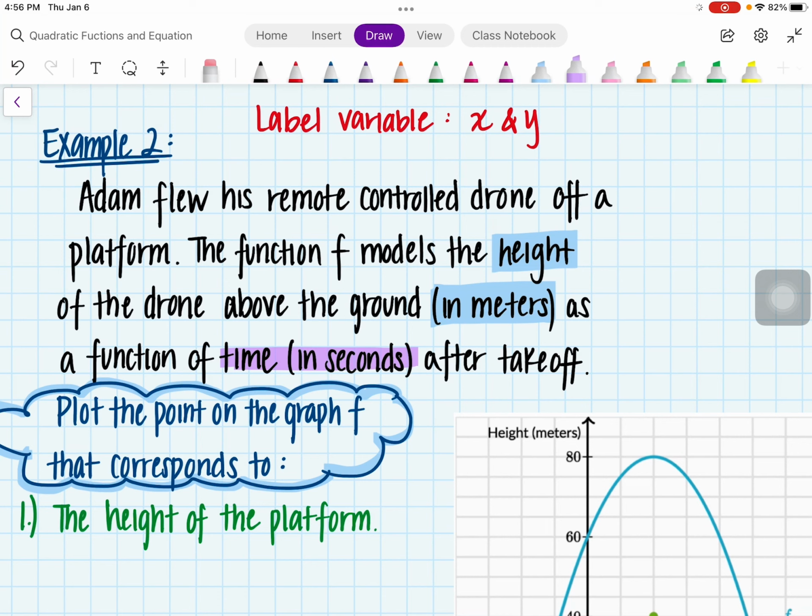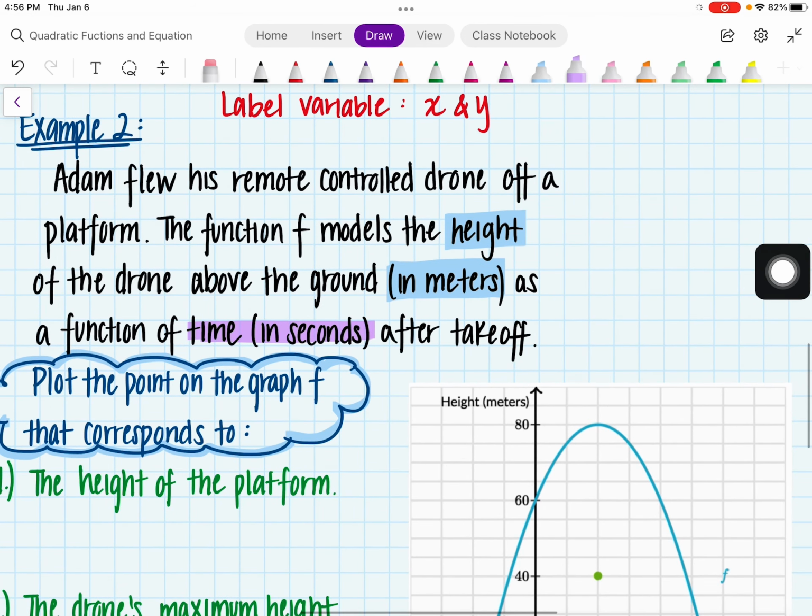When it comes to identifying which one's x and which one's y, the easiest one for me to identify is y, because y is always the highest unit, the biggest unit, a unit that's given to you in bigger measures. And most of the time, whenever they're talking about height, they're actually talking about y.